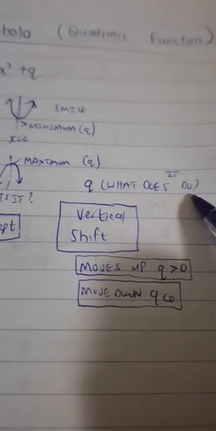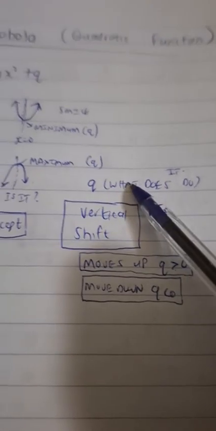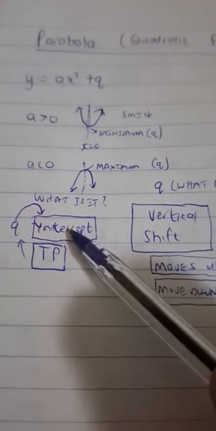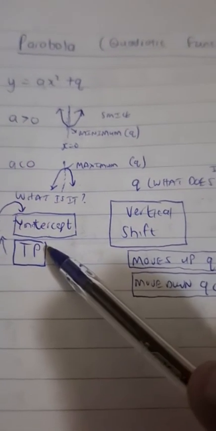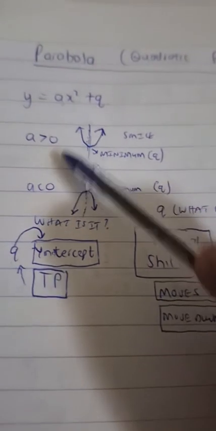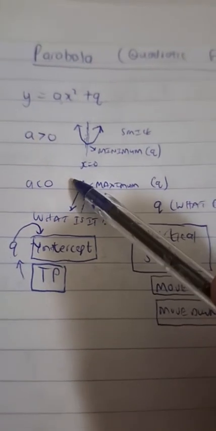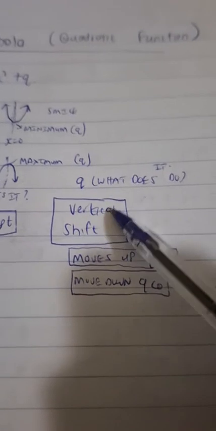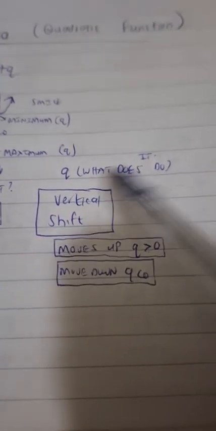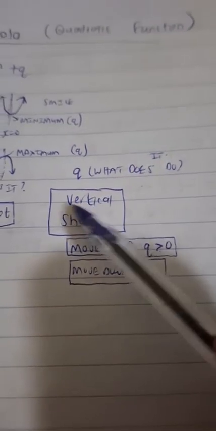Then our Q value, what is it? We spoke about the fact that it's the y-intercept, it's the turning point, it's the maximum or the minimum value depending on which value of a we are looking at. Then what does Q do? It affects or influences the graph's movement up and down.